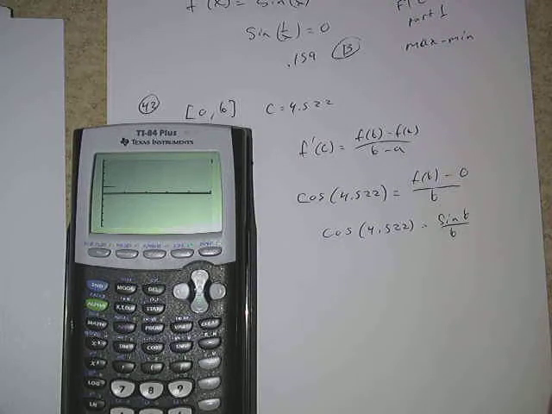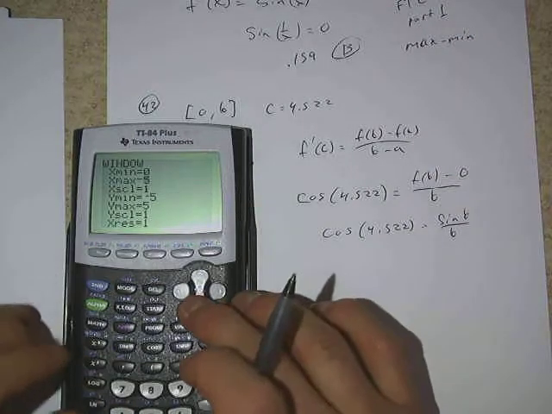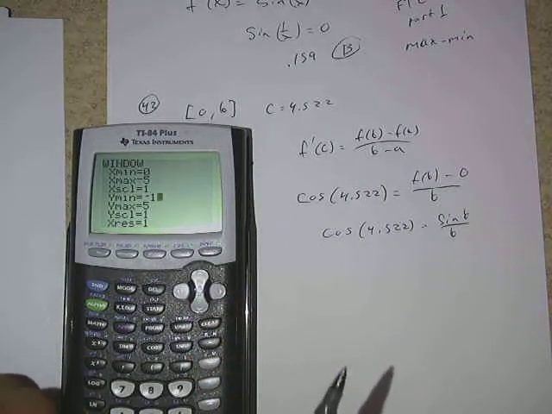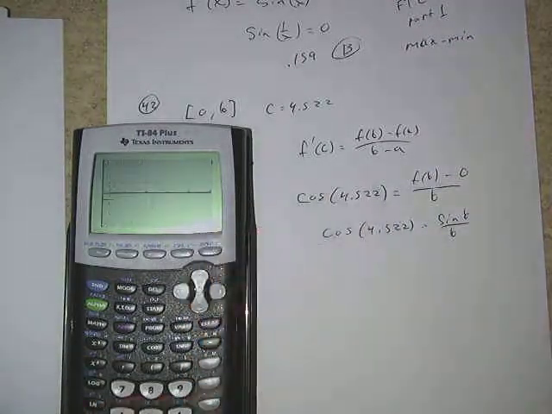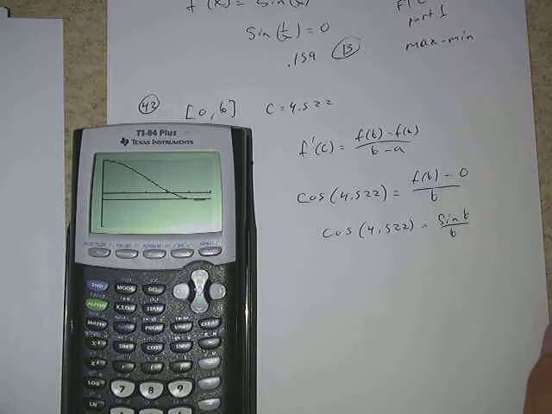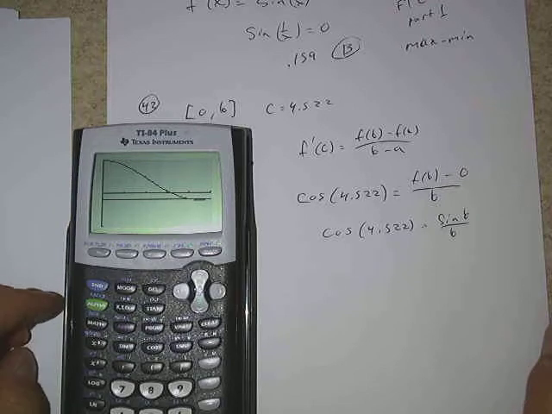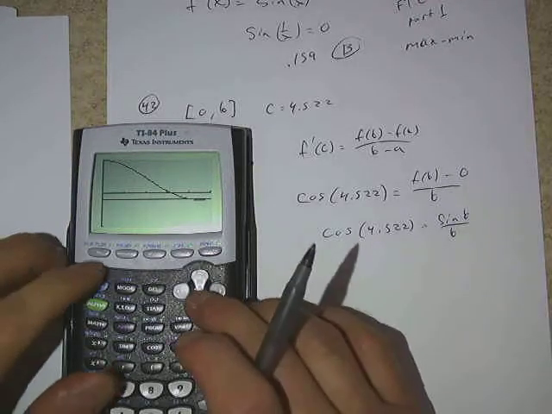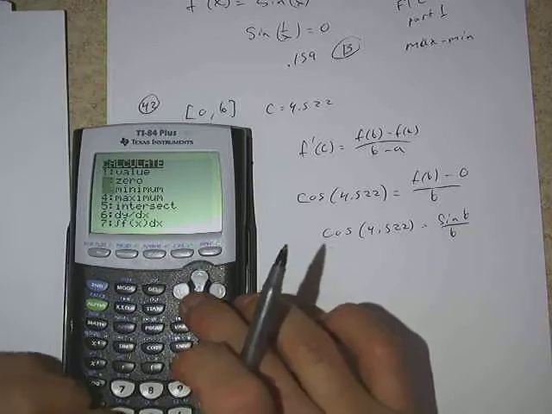And it looks like the choices are in the 3s or 4s there, so I'll open up my window a little bit. We'll go 0 to 5, let's say. And I'll open up the y part too, just to see here. May not need to have done that, but there's our cosine of 4.522, and there's our sine of b over b. So I will change my window back down to, let's go -1 to 1 here in the y direction.